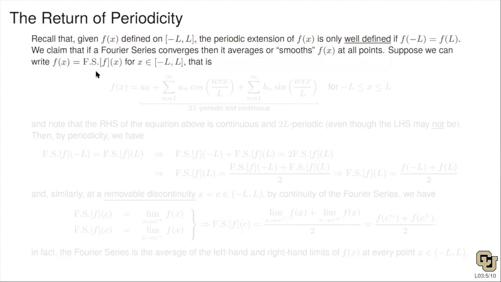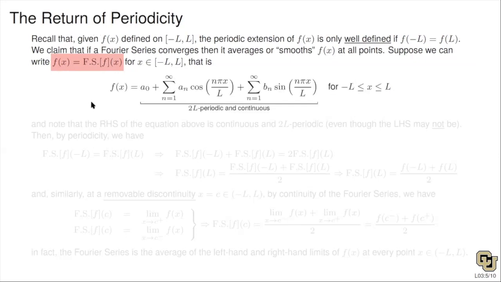First of all, let's suppose we have a function f of x defined on the closed interval minus L to L, and now I'm going to assume that the function is equal to its Fourier series. That is, the Fourier series converges, and on the interval minus L to L, the Fourier series equals the function f of x that we used to generate it.